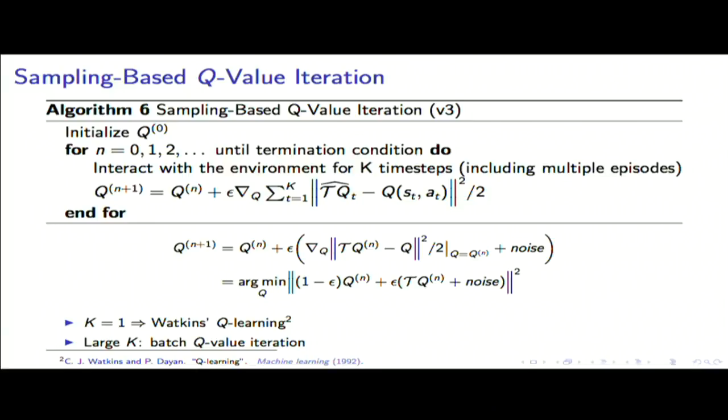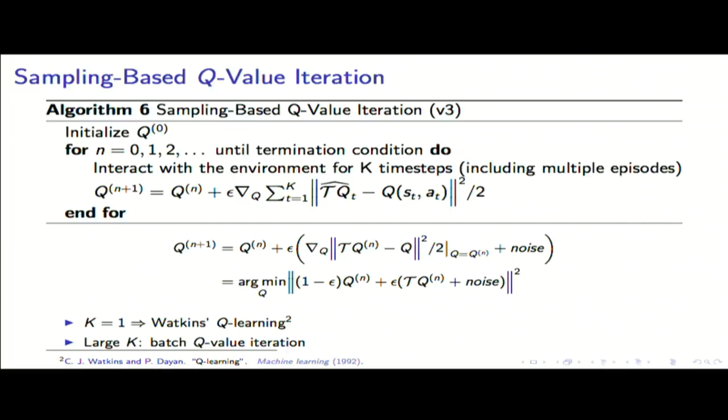You have to be careful about the schedule of the step sizes. So you can't just choose a fixed epsilon and leave it the same for all time. Epsilon has to decrease over time to make sure you converge. You also need the condition that you visit every state action pair infinitely often.